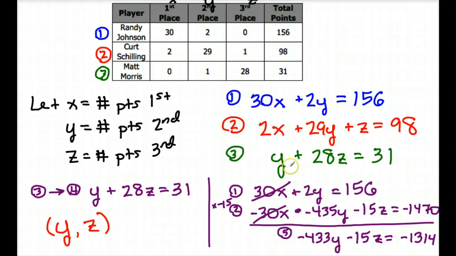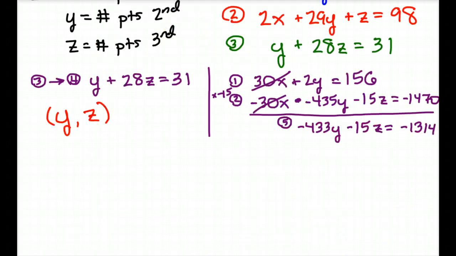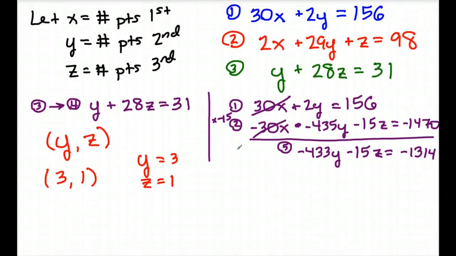That tells me for this particular problem that my y value is equal to 3 and my z value is equal to 1, and now I can use both of these to find my x value by looking at my original equations again. I'm going to plug my y value of 3 into equation number 1 up here.